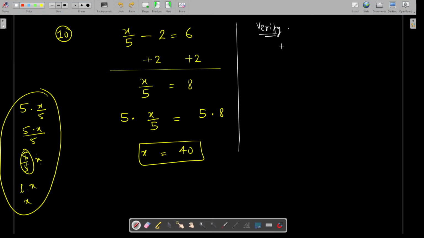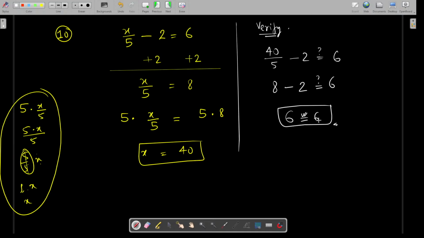Once we plug it in, we have 40 over 5 minus 2, whether it equals 6 or not. 40 over 5 is 8. So 8 minus 2, whether it equals 6 or not. 8 minus 2 is indeed 6. So 6 equals 6, that is correct, which means this solution is 100% right.